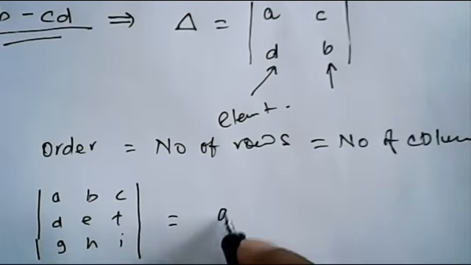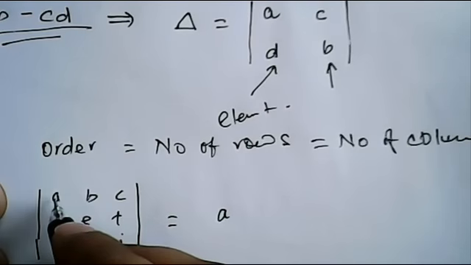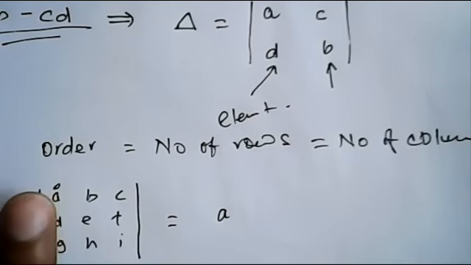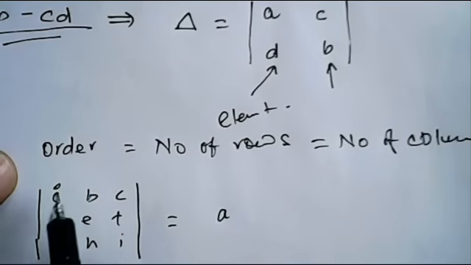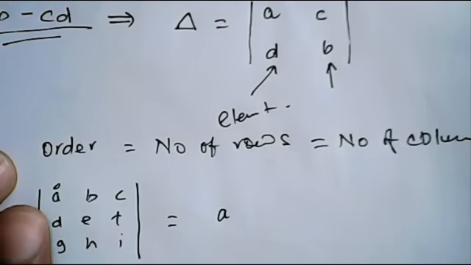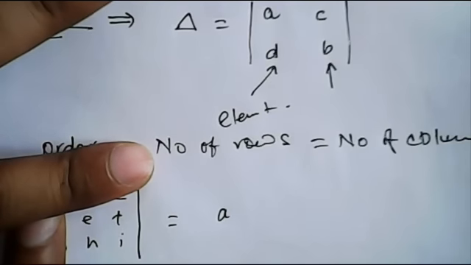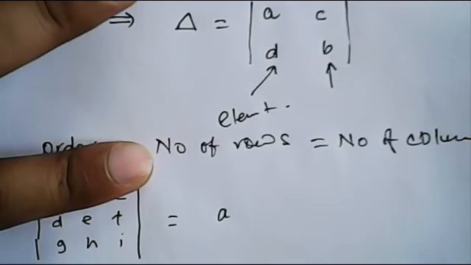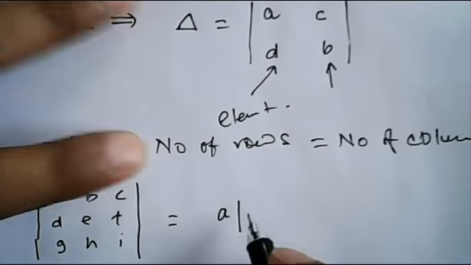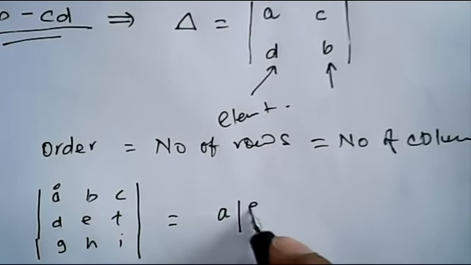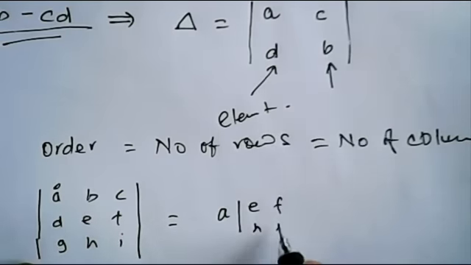We take this element A, we keep this column and this row hidden, and then we consider the remaining as a determinant. So A into this entire determinant, like E, F, H, I.